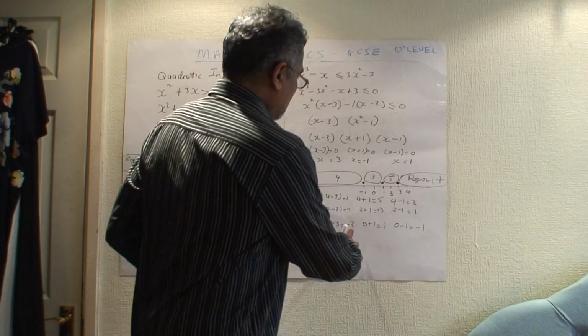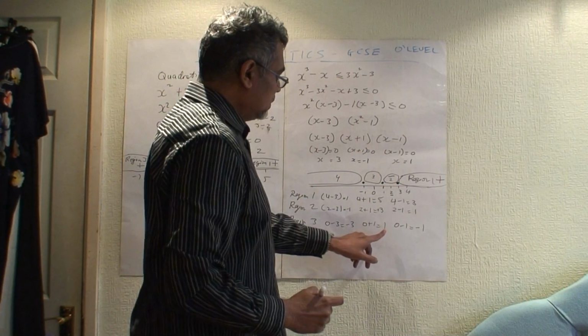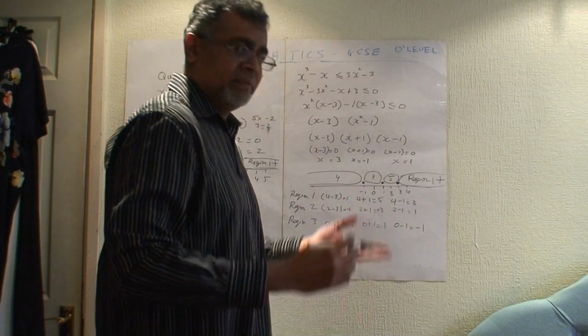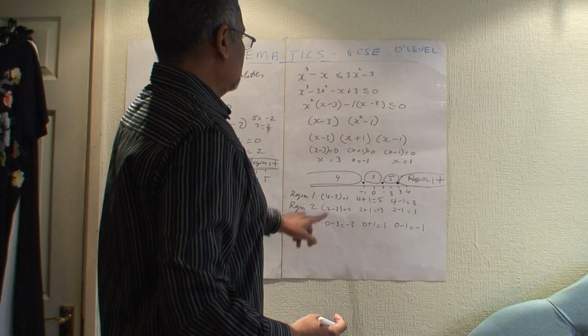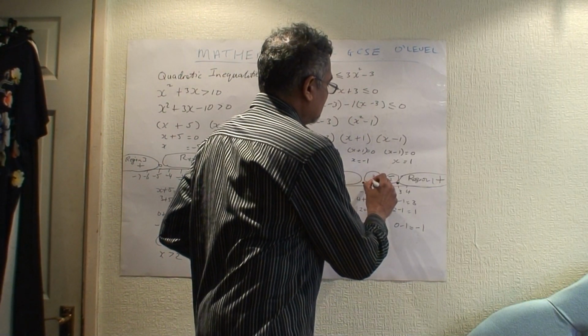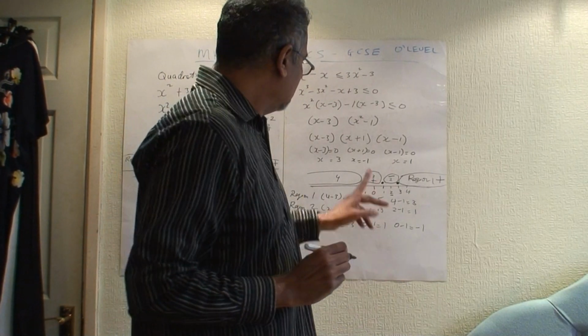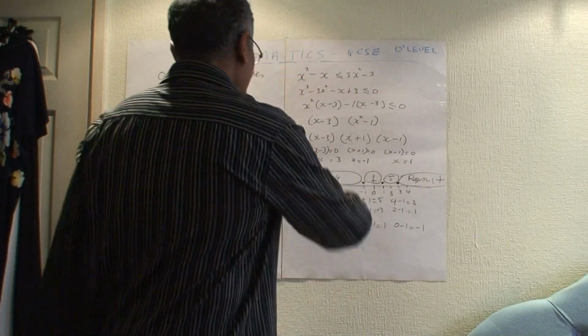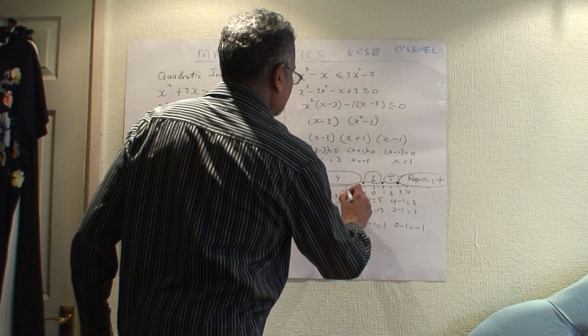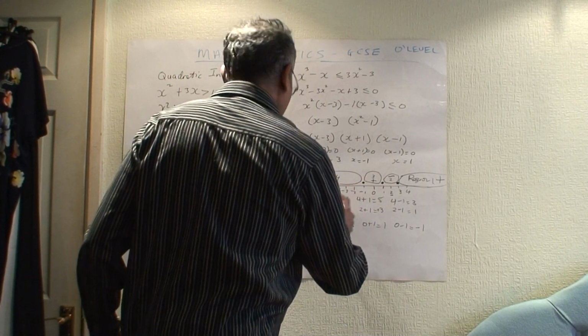Now a negative multiplied by a positive gives us a negative, but we have a negative again, and a negative by a negative is a positive. So we can say region 3 is positive.